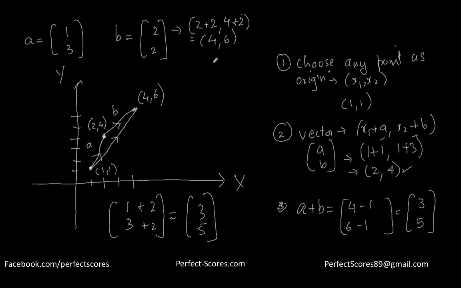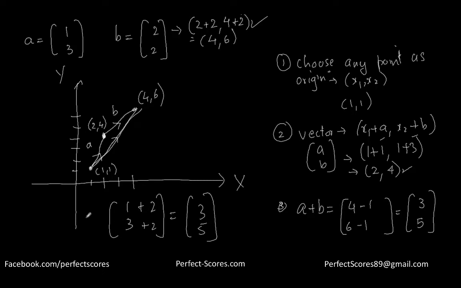Then, how do I represent vector B? I chose this as the origin because I want to use the triangle rule to find the resultant vector. From there I went 2 forward and 2 forward, and I got (4, 6). Then the resultant vector is going to be this vector, according to the triangle rule or the parallelogram rule.